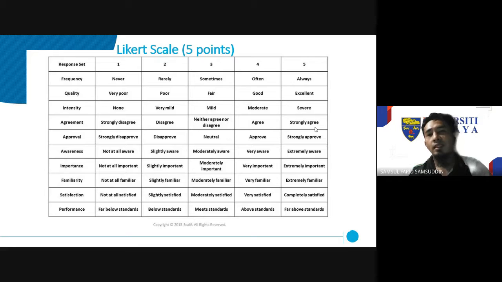So these types of Likert scale, the decision on whether you want to use 5 or 7, it's not simply just, oh, I want to use 5-point Likert scale. Why? Because I don't want too many options for the respondents. No, that's not the answer. You have to justify why you choose 5 point, why don't you choose 7-point Likert scale.